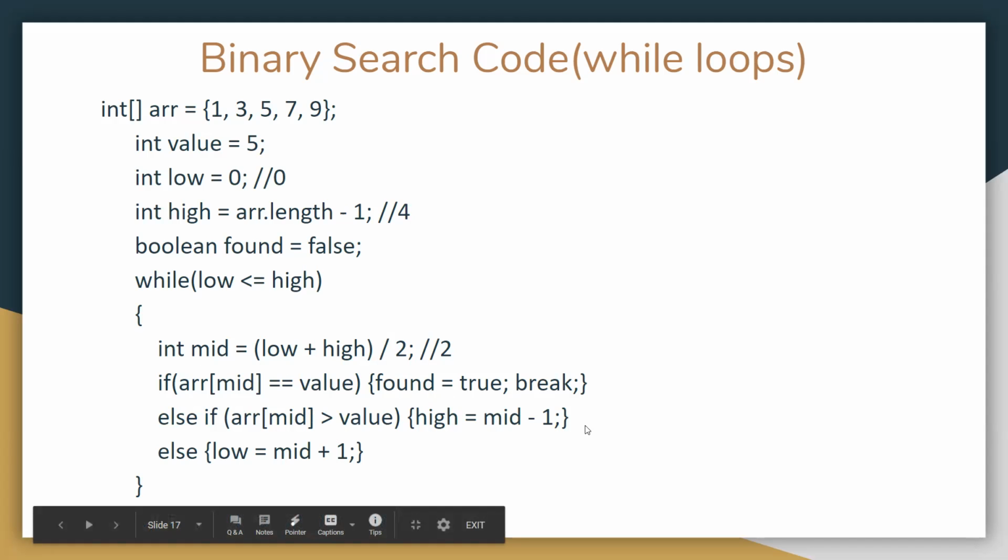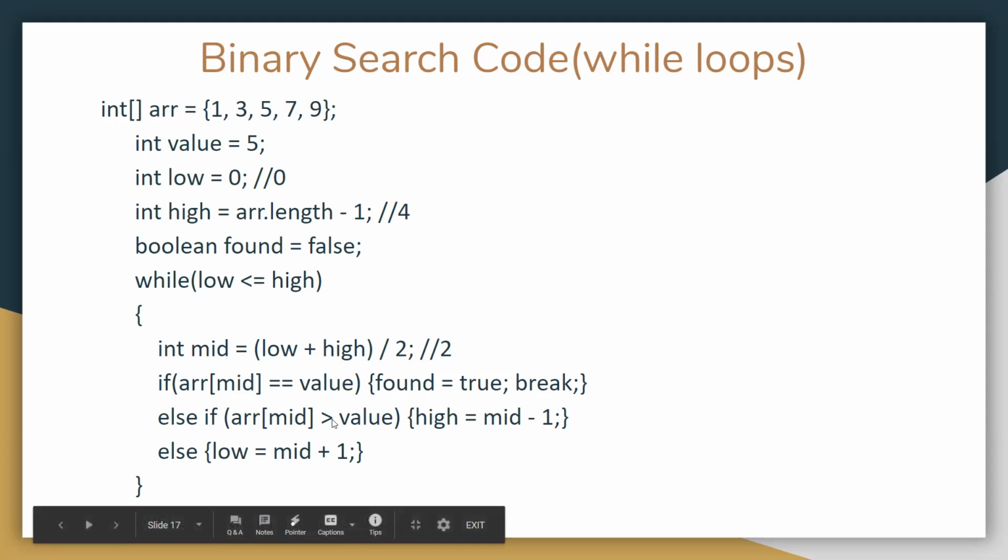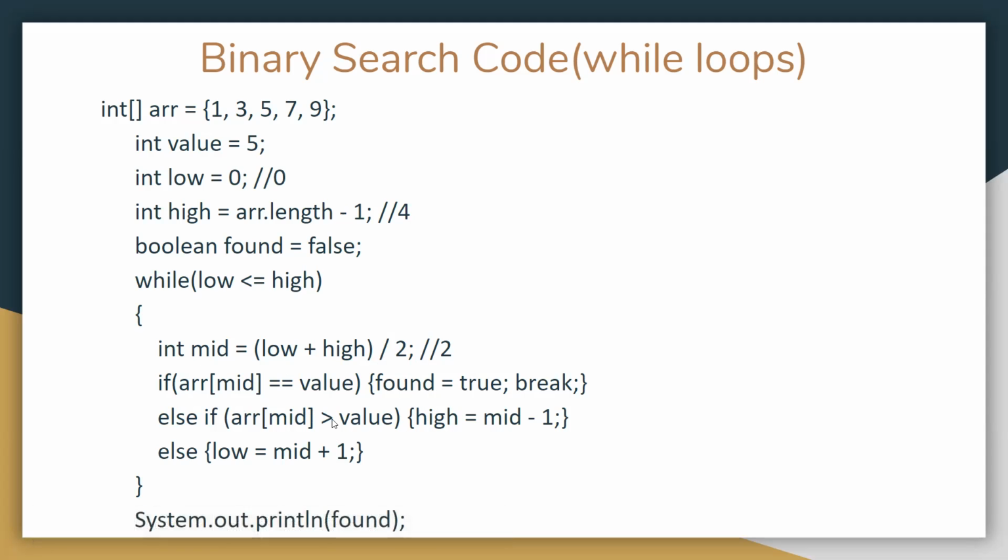Since that means it's greater than, we have to move the high down to where mid was, but minus 1, because that means mid didn't work and we're cutting out the rest of the values. That's essentially just crossing out the other values.